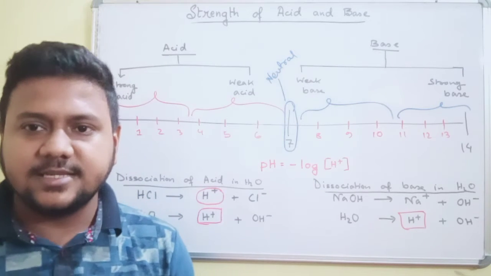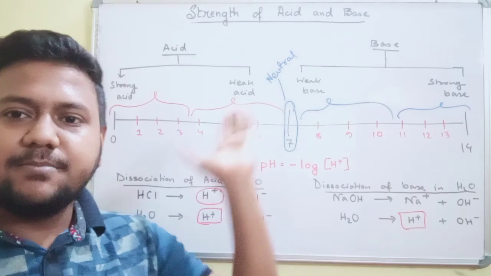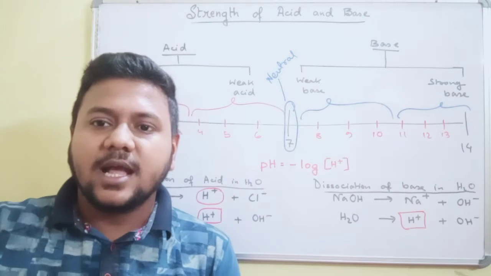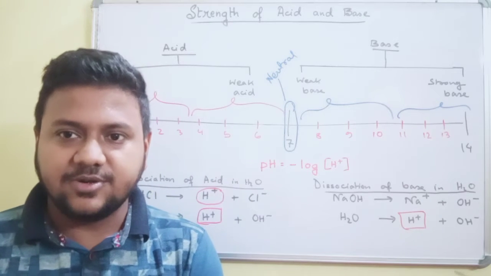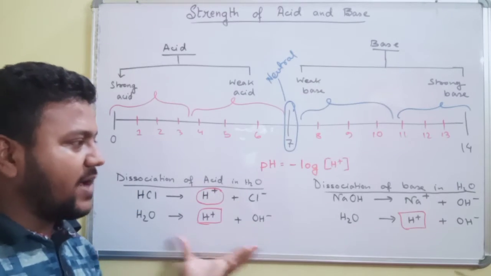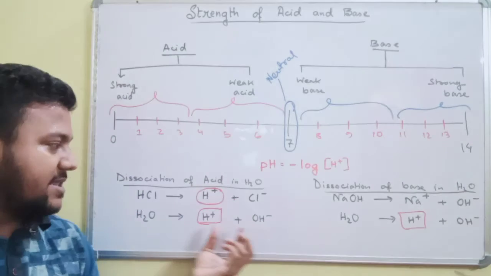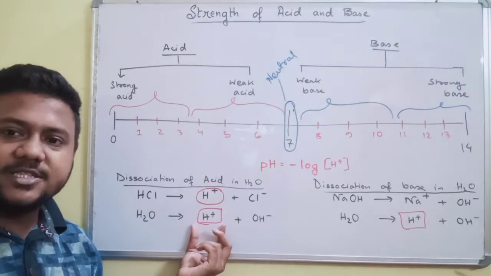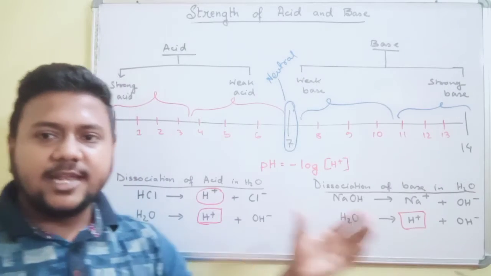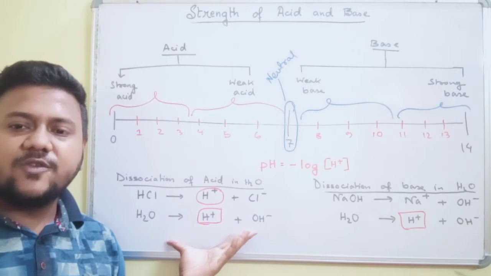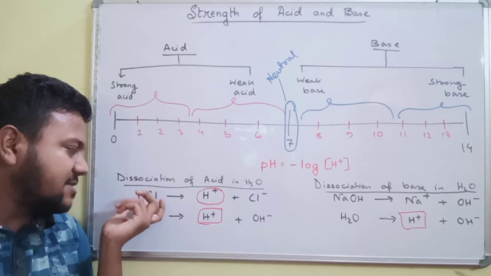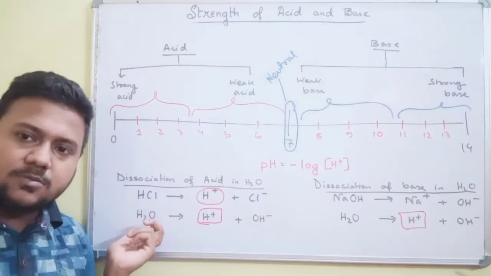Okay. Now let us recapitulate this part. What we have studied is that the strength of acids and bases is classified into strong and weak depending upon their complete and partial dissociation respectively. We know that in both dissociation of acids and bases, there are H+ ions present in the solution. In case of dissociation of acid, the H+ ions are obtained from both the acid molecule as well as the water molecule.